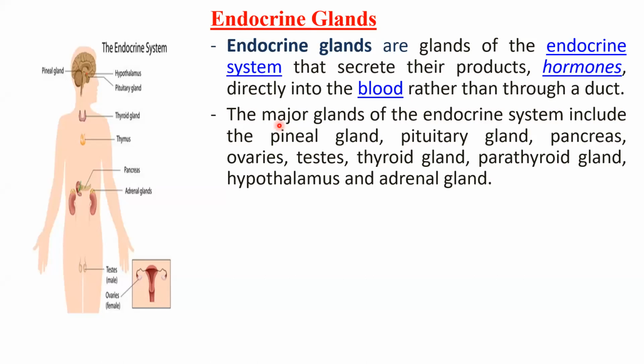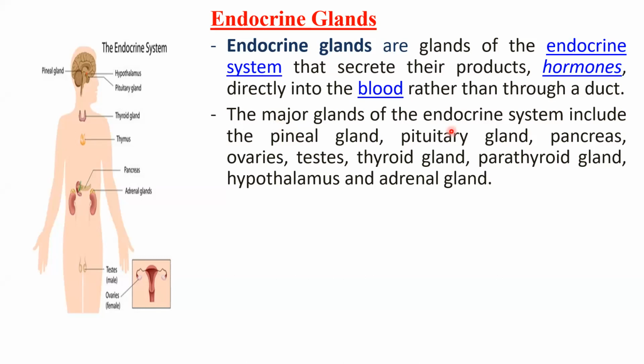These are some important endocrine glands, and they have an important role in our body. Whatever secretions are in the form of hormones are transported towards their target organs, and these secretions perform their function at that particular organ.